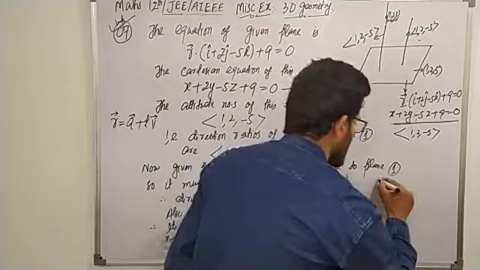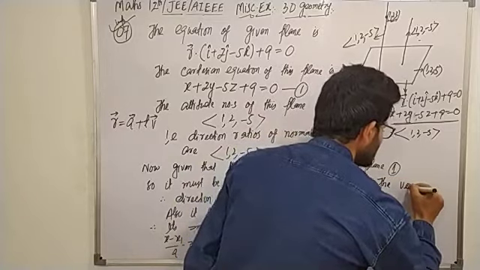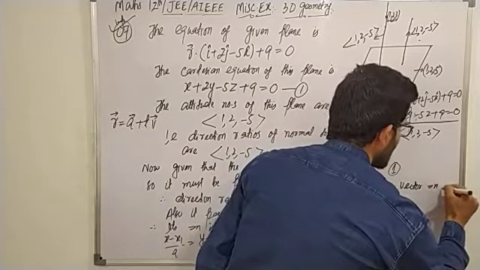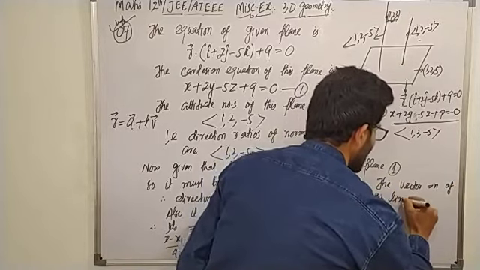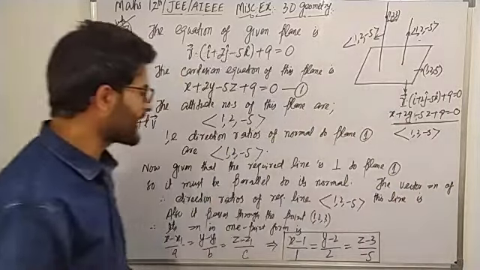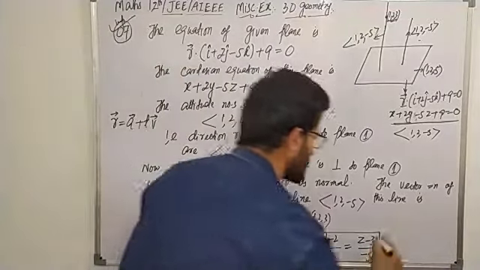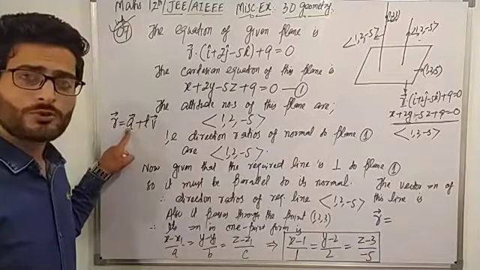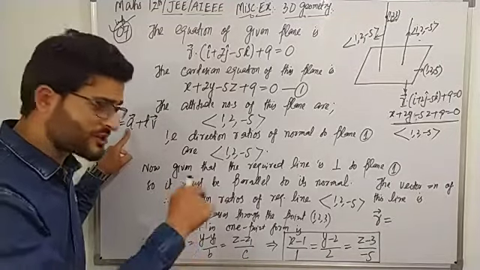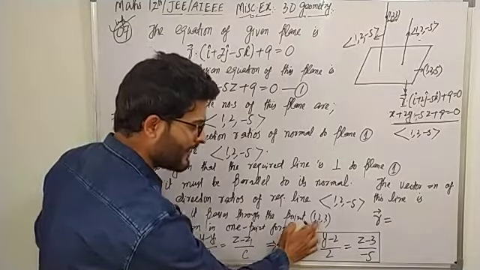The vector equation of this line is, so what will the vector equation of this line be? r vector is equal to a vector, the position vector of the point through which it passes. Which point? 1, 2, 3.